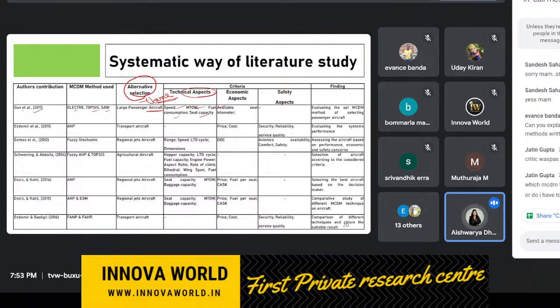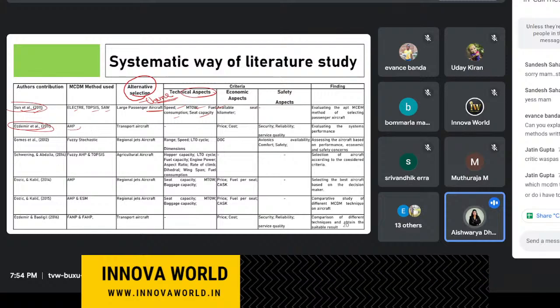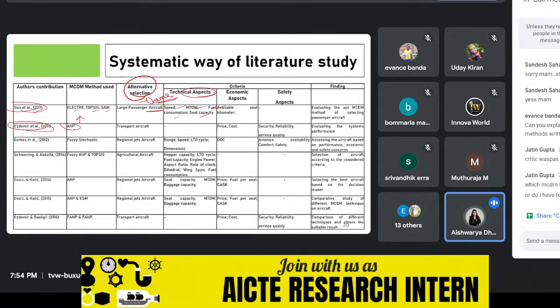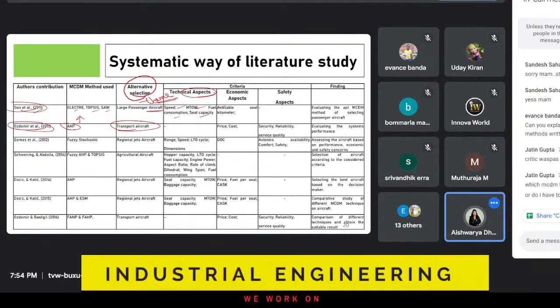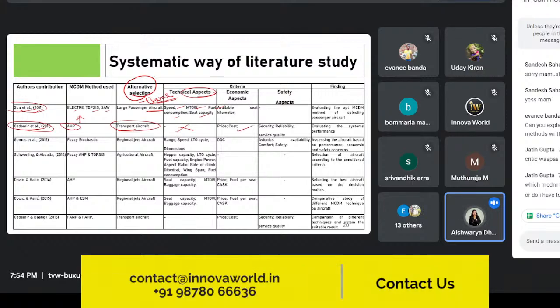So I am studying what aspects this particular author has studied. See here, this author has worked on a different technique as compared with the previous one, on a different kind of aircraft. Here they have not worked on technical aspects, but they have worked on economical factors.